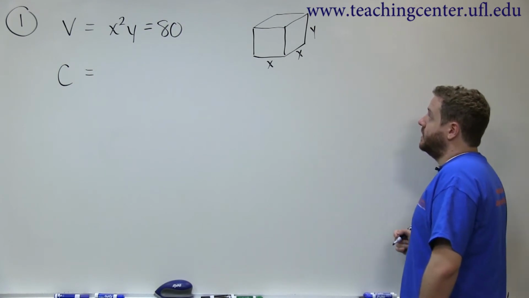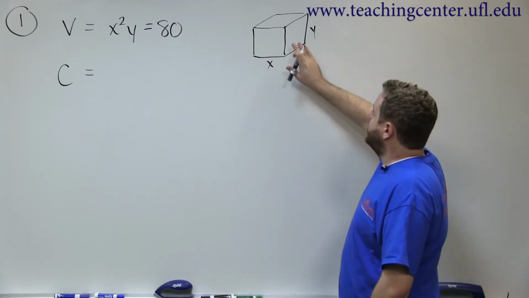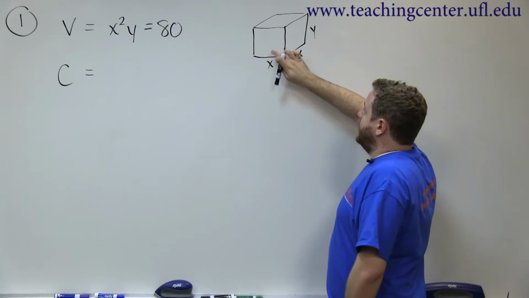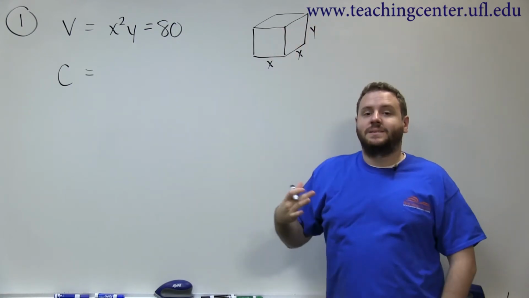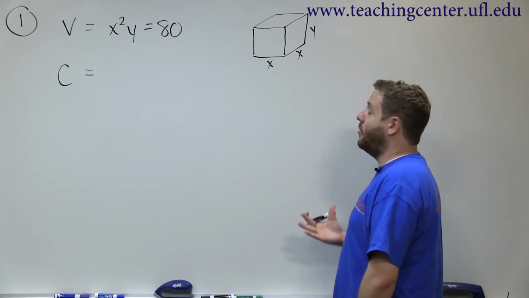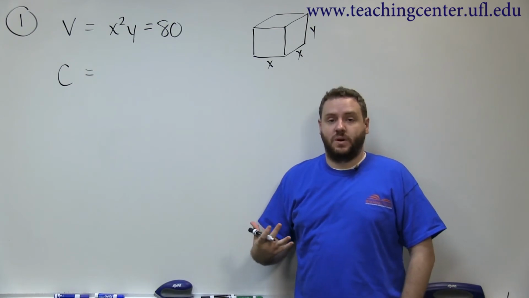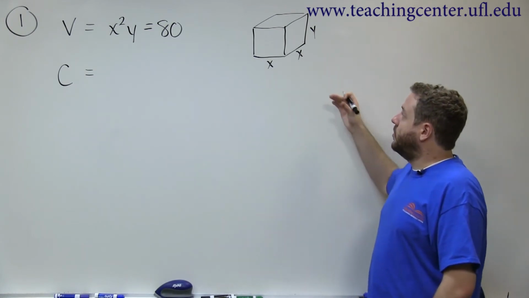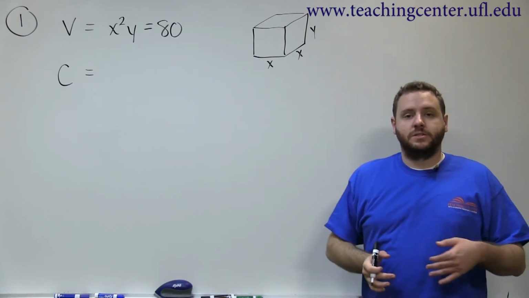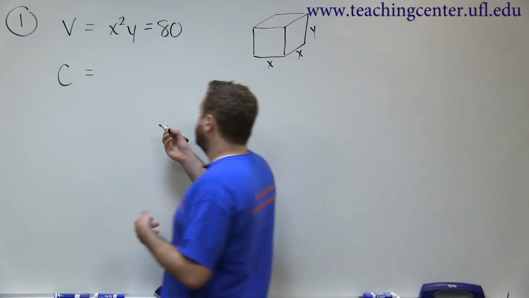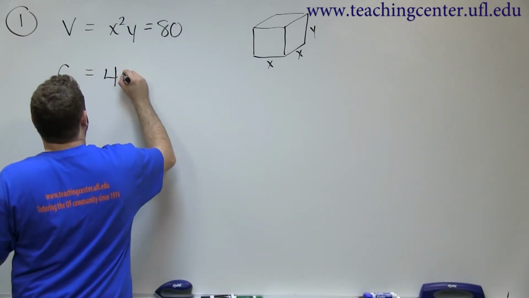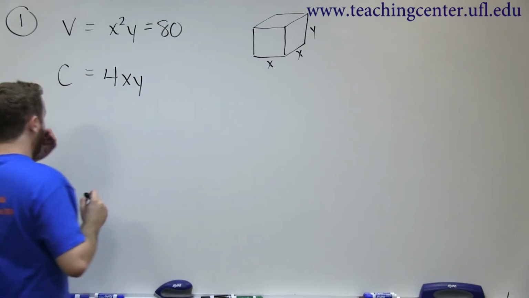Let's break this up because all of the sides are the same. Every side of this box has an area of x times y. We have 4 of those, so we would have 4xy. Their costs are all $1, so we just multiply by 1. So the cost of all the sides is just 4xy.